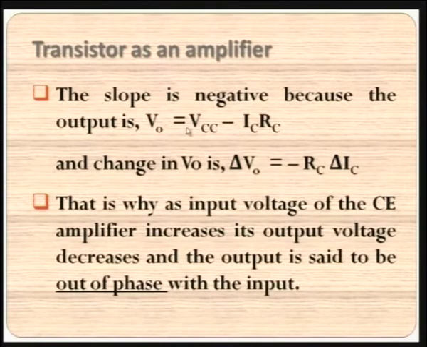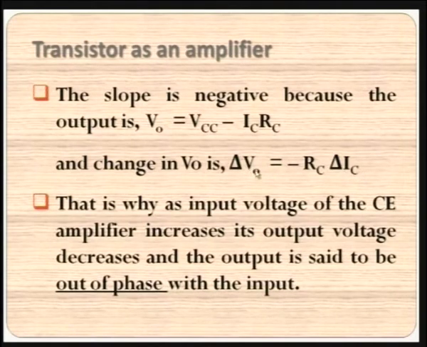The mathematical steps are not highlighted here, but when we differentiate, VCC is a constant, so we get only 0. So, it is not shown in this equation. And for ICRC, when we differentiate, RC is a constant, but IC only will change. So, this is the equation we have.